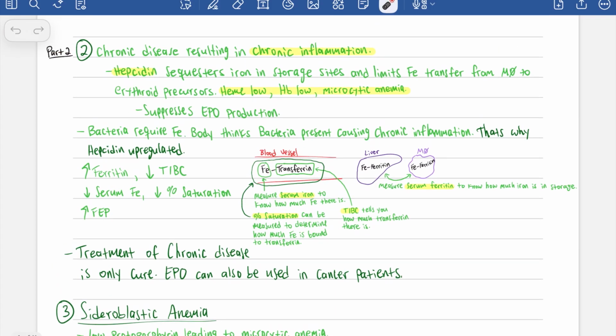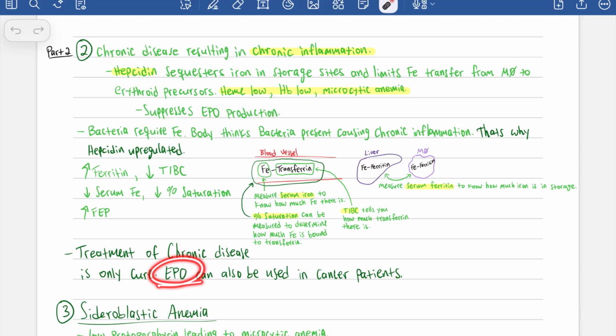And so the treatment in this case would be treating the chronic disease; that is the only cure. In cancer patients, we can also try EPO. Sometimes in renal patients, we could try EPO as well to try and promote better function of this process, right? Because EPO is going to suppress hepcidin.